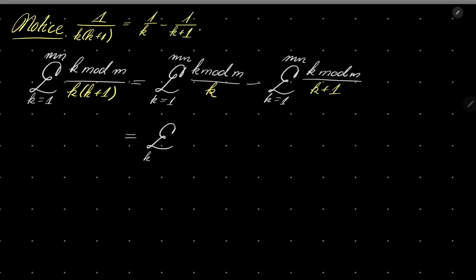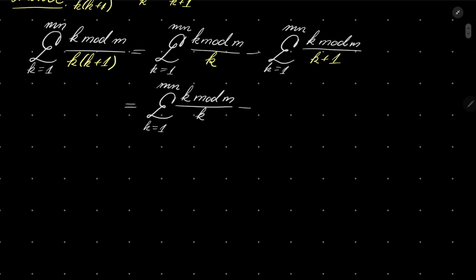Okay. And now, I wish to do the following things. First sum will stay the same for now, k modulo m over k. And for the second sum, notice the following things. I can start my summation not from 1, but from 0. Why is that? Well, if I add k equals 0, we know that 0 modulo m is just 0, so we are just adding a 0 term into our sum.